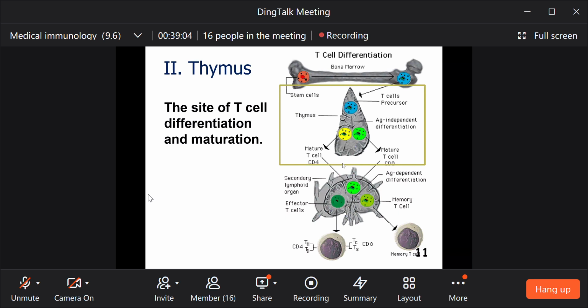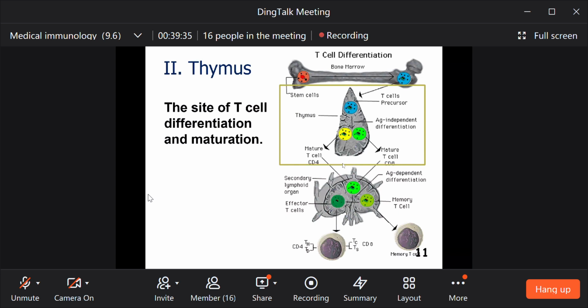It means that when you are old, your thymus will lose more function, and when young, the strength of the thymus for immune response is higher.